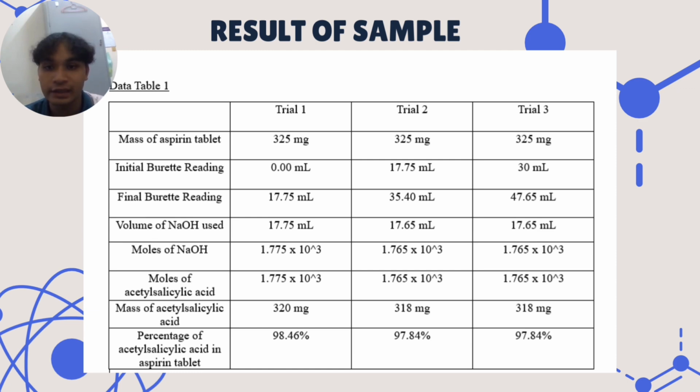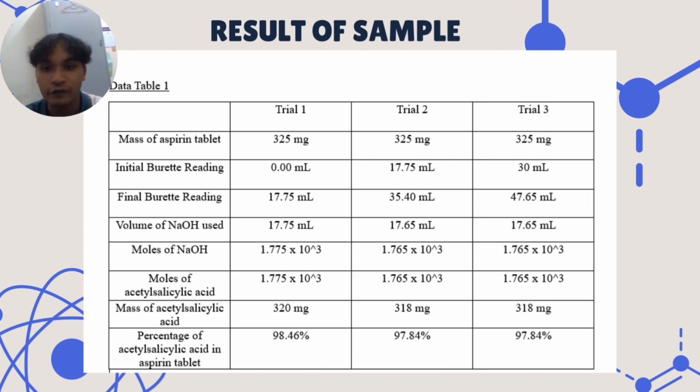For moles of acetylsalicylic acid used, for trial 1 the same 1.775 times 10 to the power of -3, for trial 2 1.765 times 10 to the power of -3, and the same for trial 3. Next, for the mass of acetylsalicylic acid, for trial 1 it is 321 mg, for trial 2 318 mg, same for trial 3, which is 318 mg.